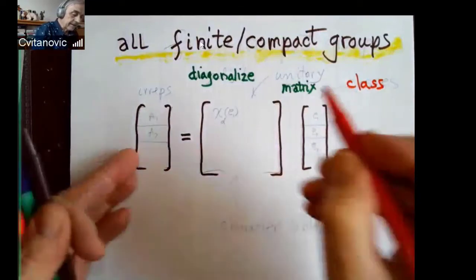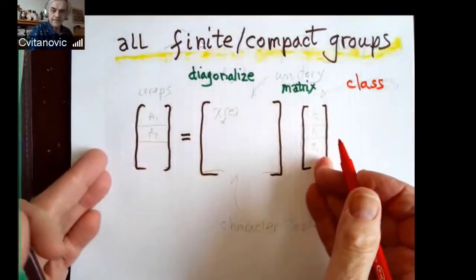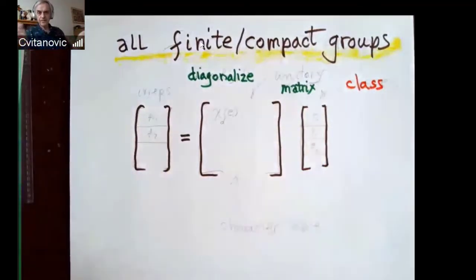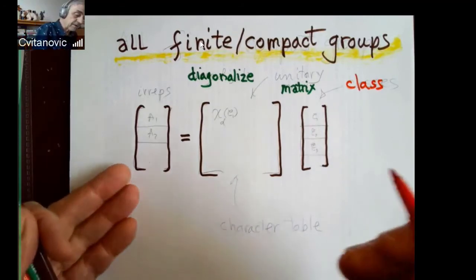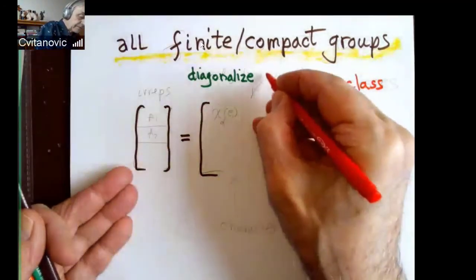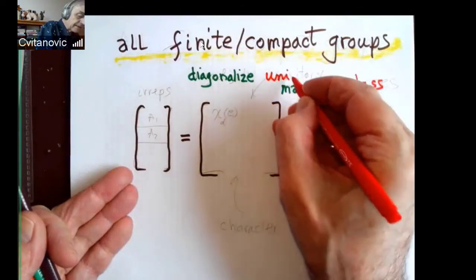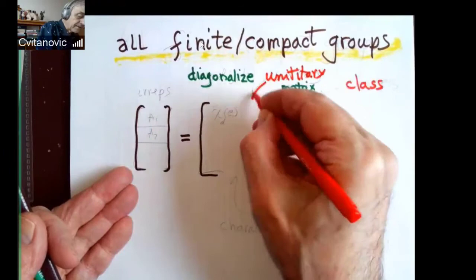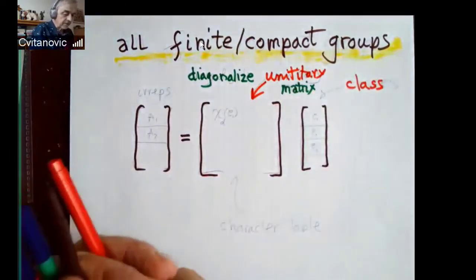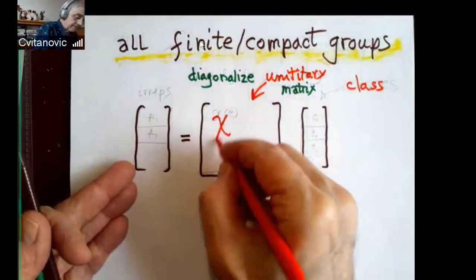And to go from classes to a space of separated irreducible subspaces, like different states of helium or whatever, you have to diagonalize, and that is a unitary transformation, just a matrix. And that matrix is all about character.